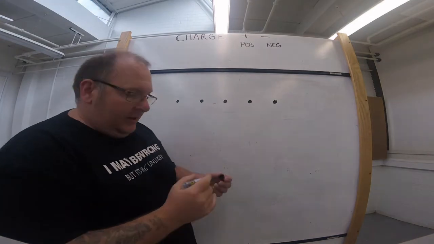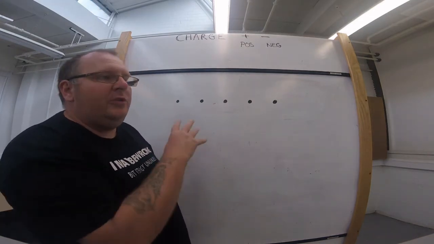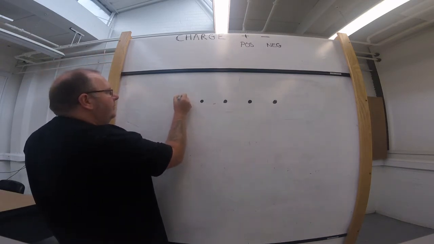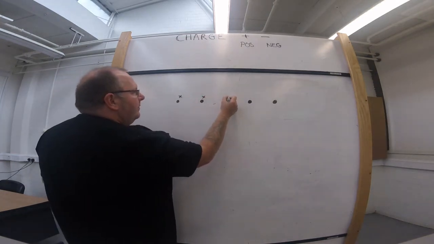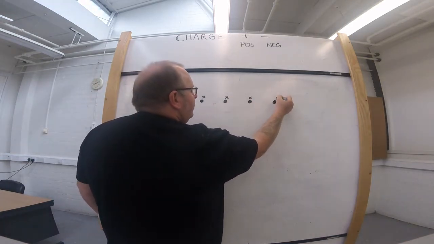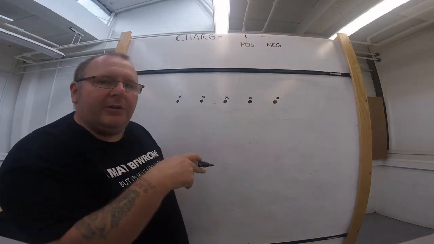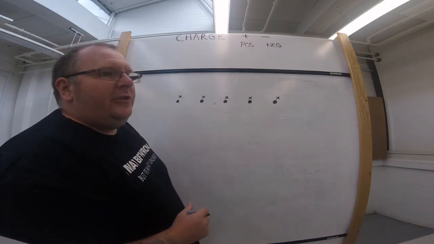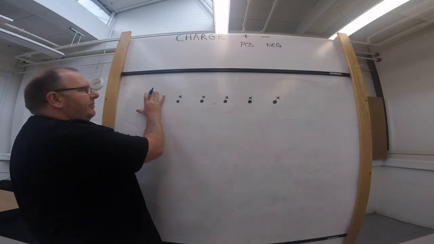Now let's say that each atom has an electron on its outermost shell. So I'll draw it with a little cross, just so as we can see them. Little X. So those are the atoms, each with a little electron orbiting around it. Now let's say I try to introduce another electron over here.